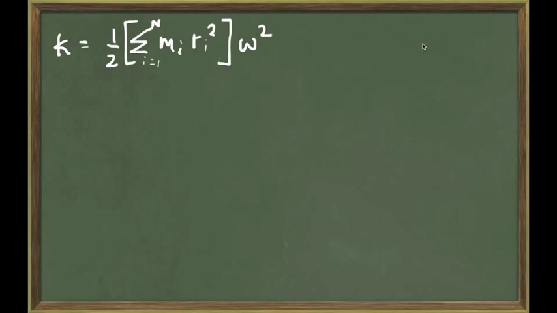As usual in physics, we give names to the quantities that show up frequently, and this is one of the quantities that shows up frequently when dealing with rotational motion. It's the sum of the product of the masses of the objects multiplied by the distances from the center of rotation squared. It's given the letter capital I, and the name of the quantity is moment of inertia.